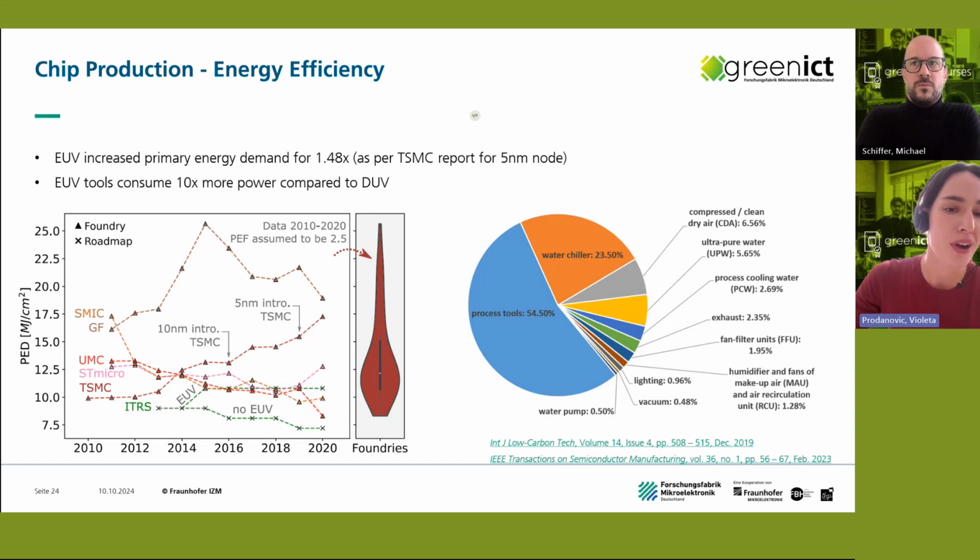From the sharp rise in 2019, we can conclude that that's the time when TSMC announced the 5 nanometer technology. When it comes to other foundries, it can be seen that energy efficiency indeed improved, so the manufacturing processes have been optimized over the years.